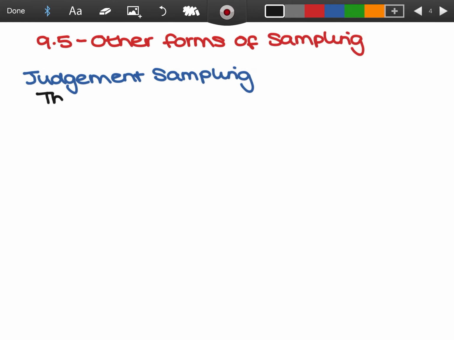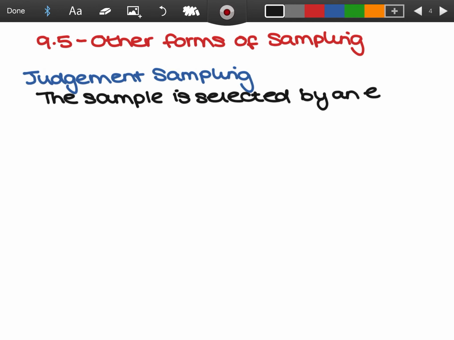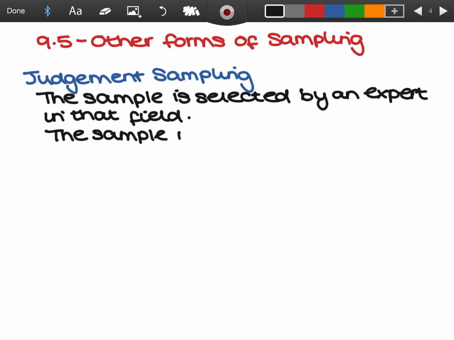So when you do judgment sampling, all it is, is the sample is selected by an expert in the field. Okay. Just be aware, as we said, that the sample is down to someone's judgment.